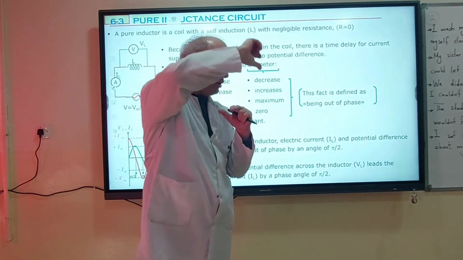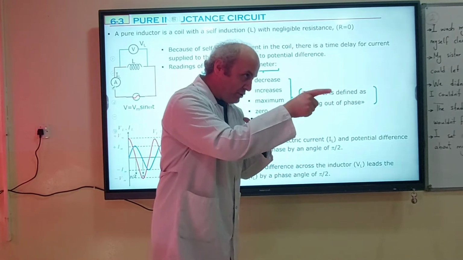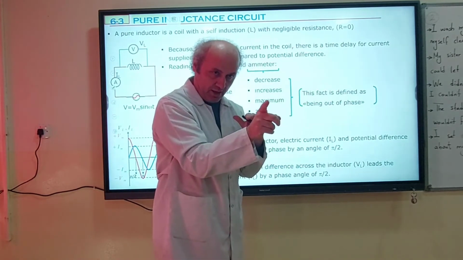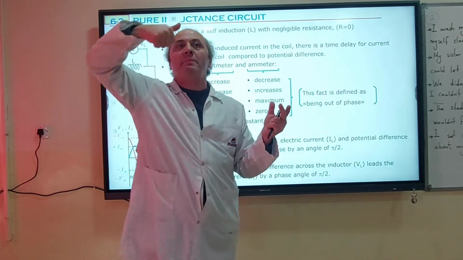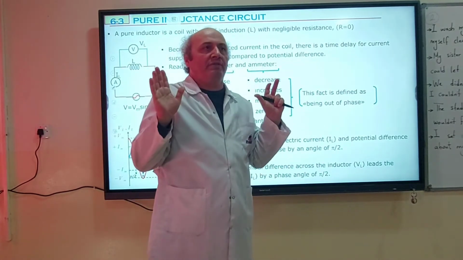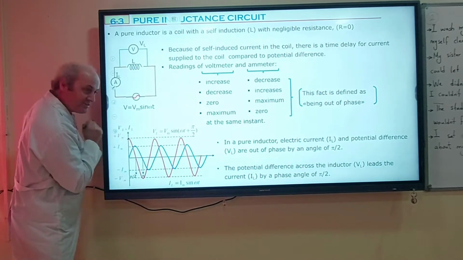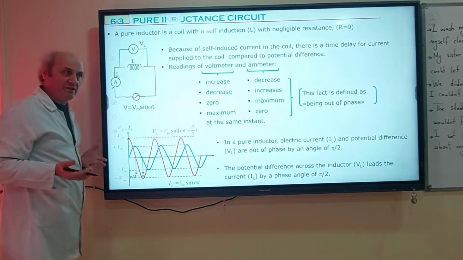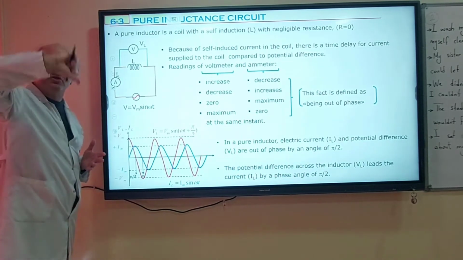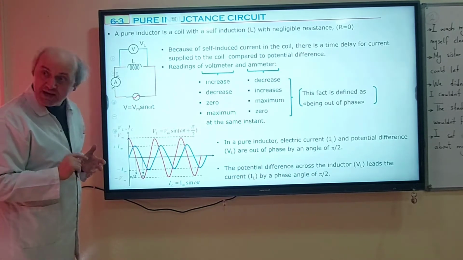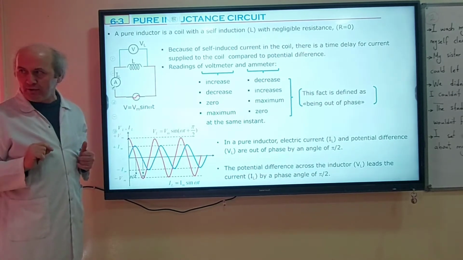Because self-induced current always opposes the main current. But potential difference becomes maximum as soon as you start the circuit. However, because of this opposite directed self-induced current, electric current cannot get maximum value.